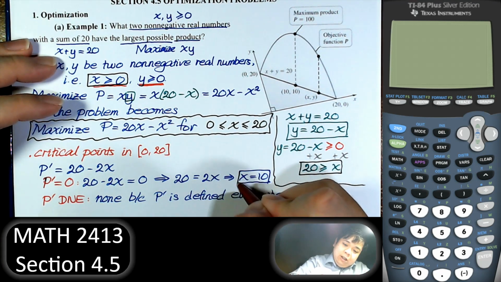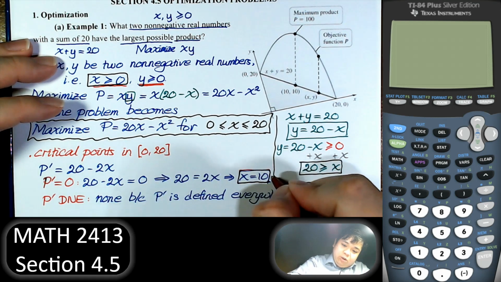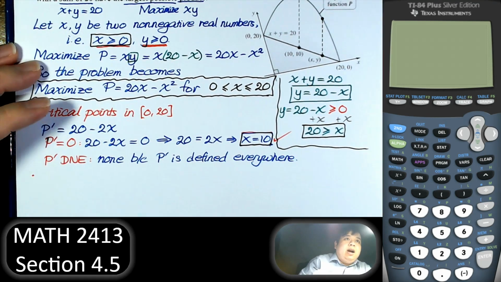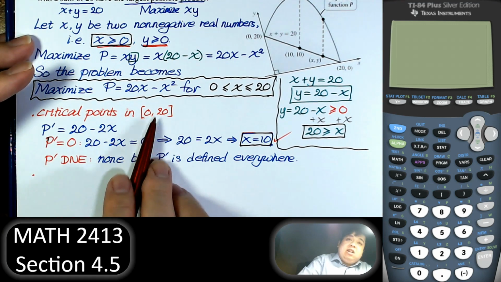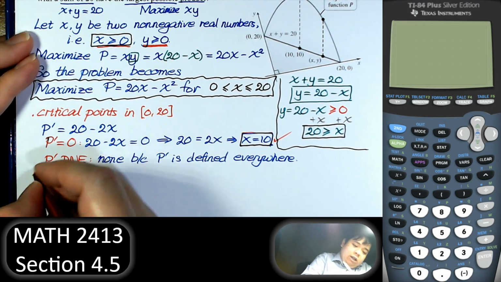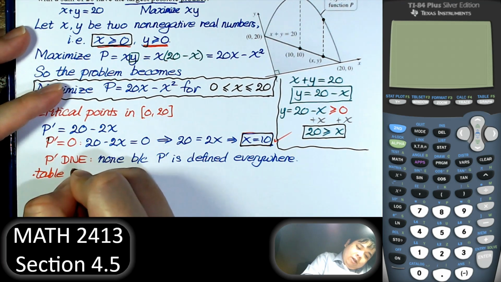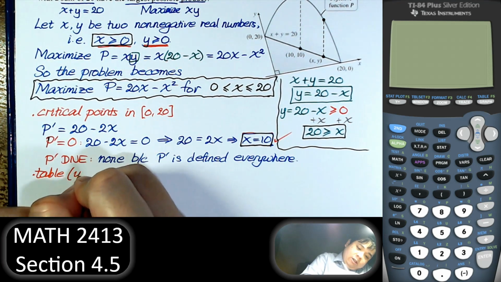So we have one critical point between 0 and 20. Next, we just put everything in the table. Since it is a closed interval and we have the point, we put everything in the table using the original function.